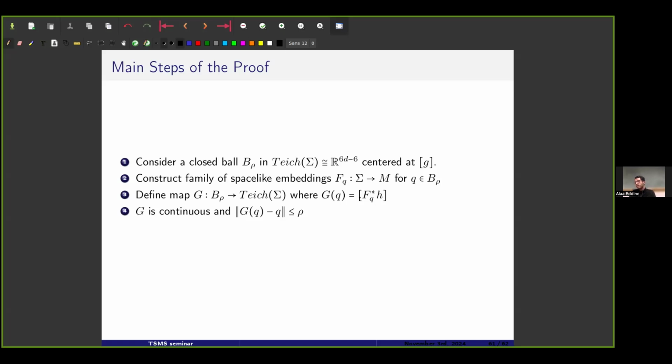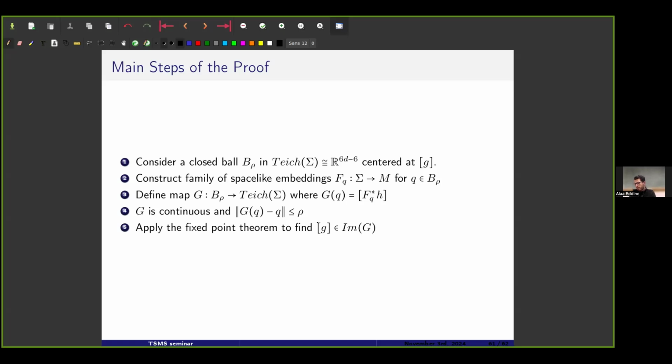Now we apply the fixed point theorem. Of course, we took these to be epsilon isometric, so the distance between any point and its image will be less than the radius. Okay, we can do this. So we have a continuous map that satisfies the hypothesis of our proposition, and this means that the center is in the image. This is what the fixed point theorem tells us. And what does it mean to be in the image? It means that it is realized, because all the conformal classes that are in the image are realized by some space-like embedding.